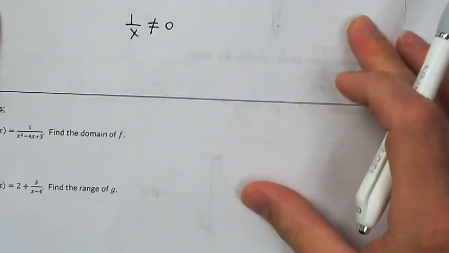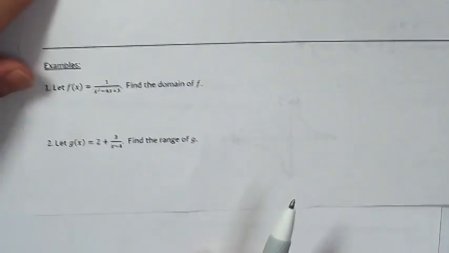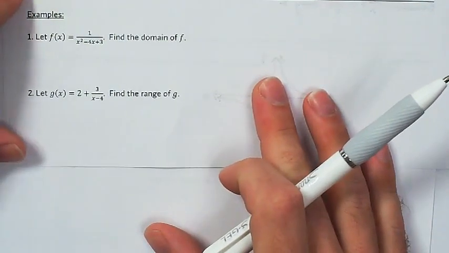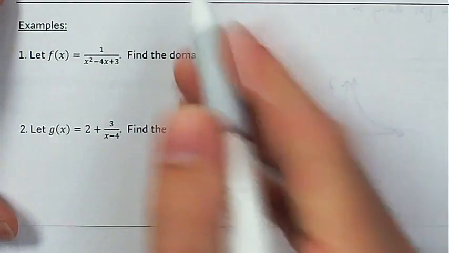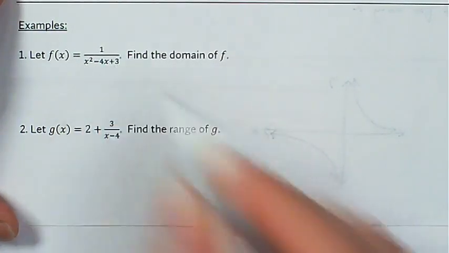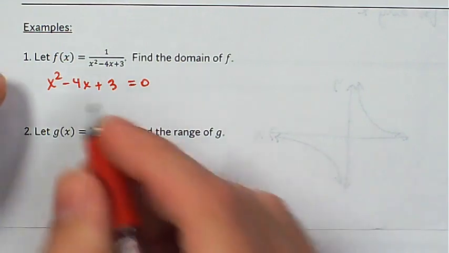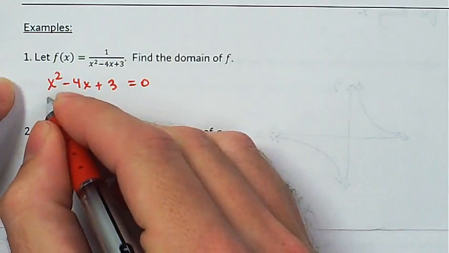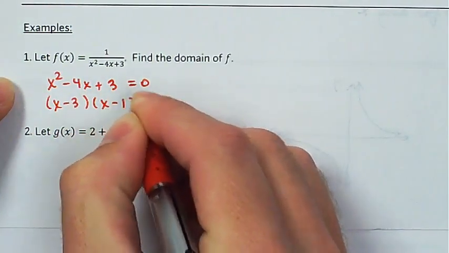So let's look at these two examples. First, find the domain of f. All right, so what we're going to do is take the denominator and find its zeros. So I'm going to factor that by finding two numbers that multiply to 3 while adding to -4, and I feel like that would be -3 and -1.